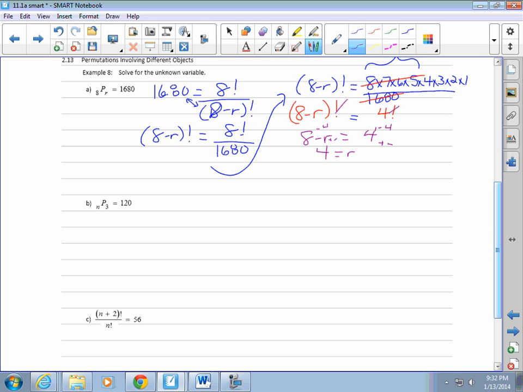So let's try it for the next one. nP3 is equal to 120. So what this is saying is, whoops, I don't want to put an equal sign there. 120 is equal to n factorial over (n minus 3) factorial.